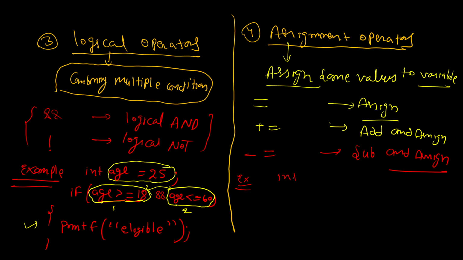Suppose int, let's take one variable x, and it is storing 10, and we assign 5 to this variable. So suppose I'm writing this, here the value of x will become 15 because we have assigned 5 to this variable.